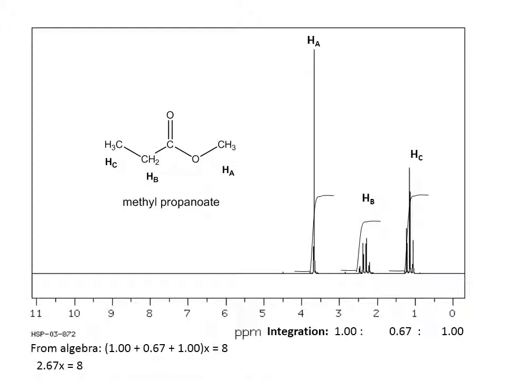So 2.67x equals 8, and thus x equals 3. That's our multiplication factor. Next we take our integrals and multiply them times 3. So we get 3 to 2 to 3, which is the same as CH3 to CH2 to CH3, exactly as is found in our structure.